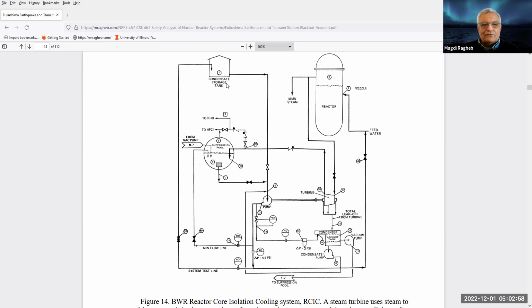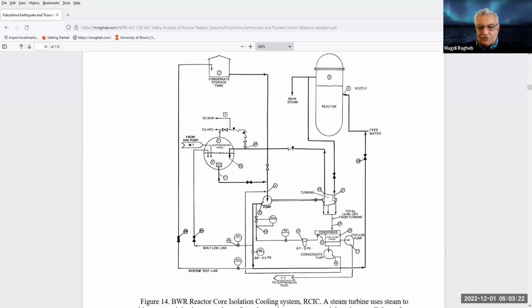And that pump would provide fresh water in the case of an accident. In boiling water reactors, that water comes from what's called the condensate storage tank. We listed it as one of the engineered safety features, not only the condensate storage tank, but also the pressure suppression pool at the bottom of the reactor building.